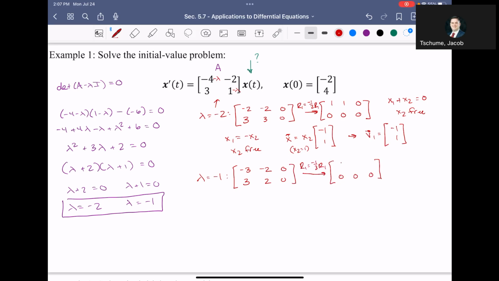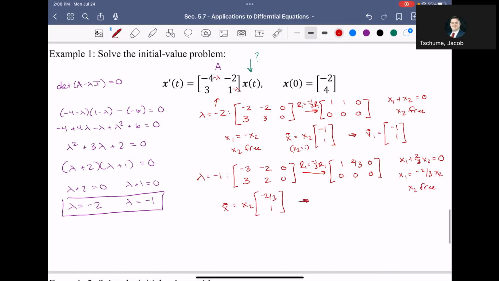So that will give me 1, 2/3, 0, which means that x1 plus 2/3 x2 must be 0. Thus, x1 must be -2/3 x2, which means, once again, x2 is still your free variable. I kind of just put it all together at one time there. So that means that my eigenspace is going to be the free variable x2, and we got the coefficient -2/3, 1.